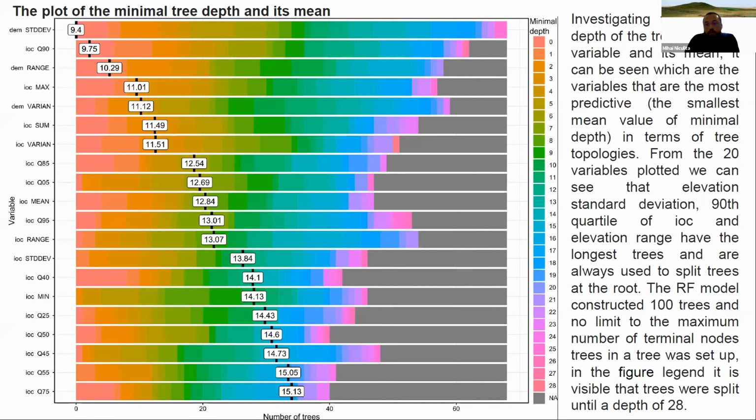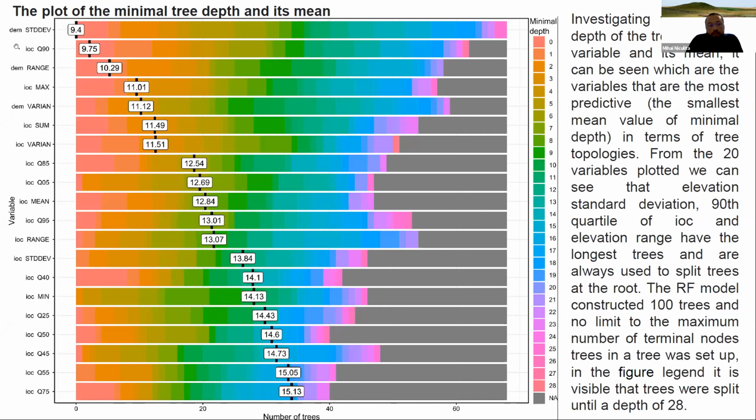So you can see here the plot of the first 20 variables that were used to create the trees and to stop them. You can see that they are quite deep trees, up to 28 levels.